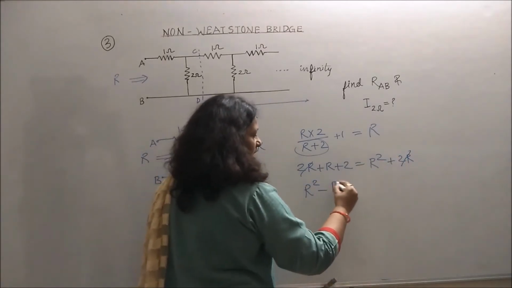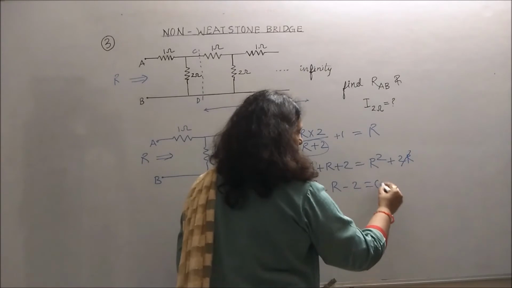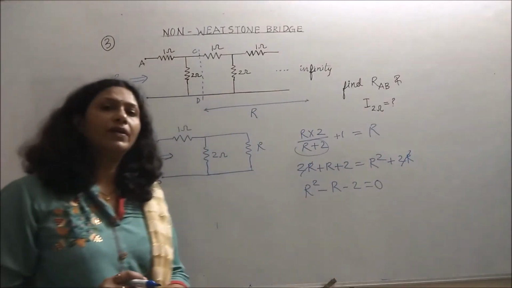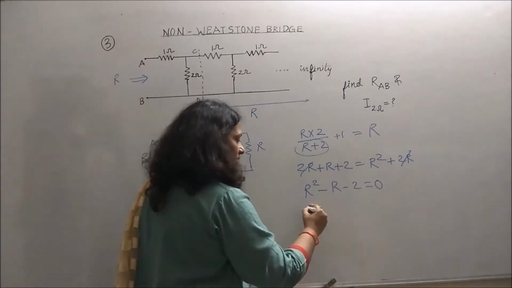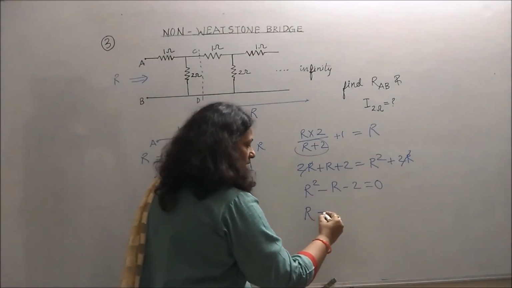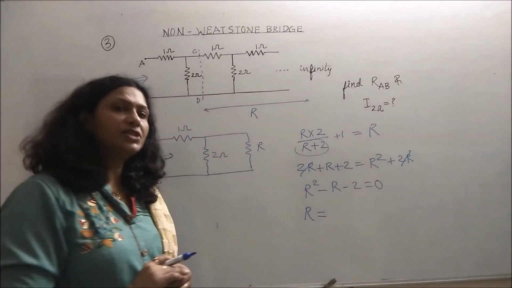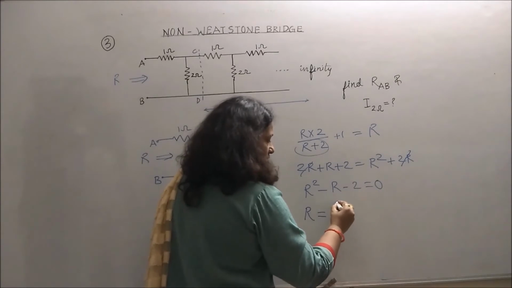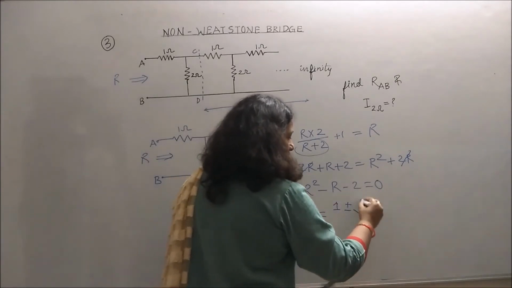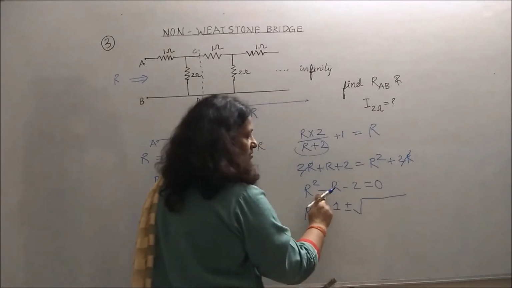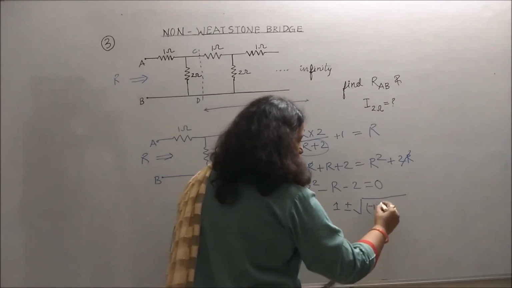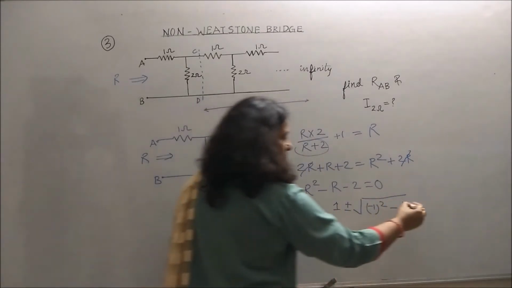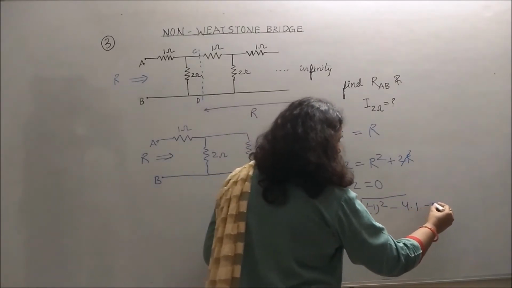Now the equation is R square minus R minus 2 is equal to 0. This becomes a quadratic equation. Now we will find the roots of R, which will give us its value. So R is equal to, applying the discriminant formula, minus B, that is minus of minus 1, that is plus 1, plus or minus under root B square, B is minus 1, that is minus 1 square, minus 4 multiplied by A, that is 1, and C, that is minus 2.